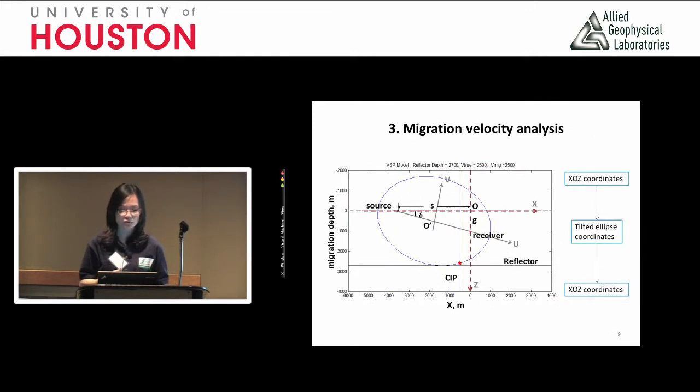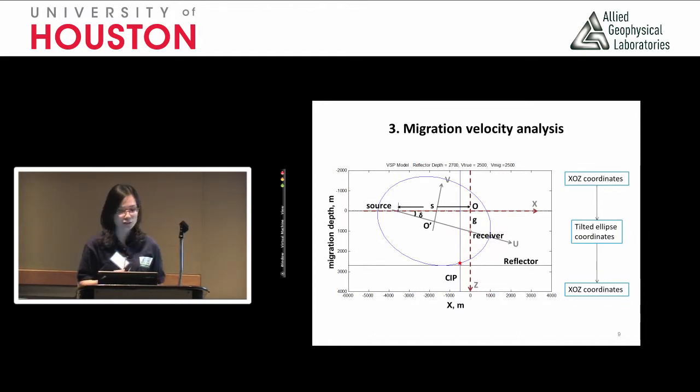But migration velocity analysis is really challenging since VSP is unsymmetric, so each period of migration ellipse is tilted in this way. Here we try to form a common image point location, and try to have an efficient way to set up these intersection image points.